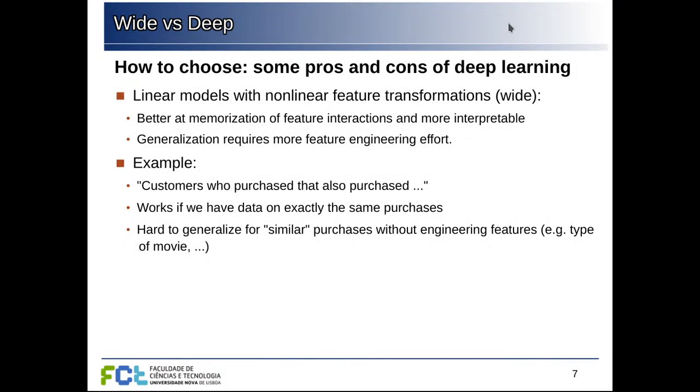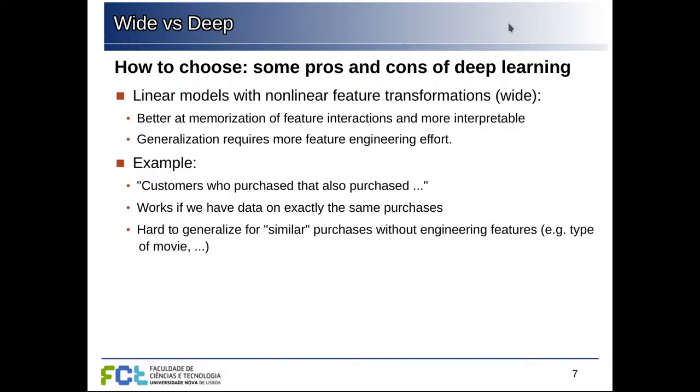When we use very simple algorithms such as linear models with no nonlinear feature transformations, for example logistic regression, these tend to be better at memorizing specific feature interactions, and they are easier to interpret because, in a linear model, we have one weight for each feature, and we can immediately tell which features are more important for the classification, or for the prediction we are making.